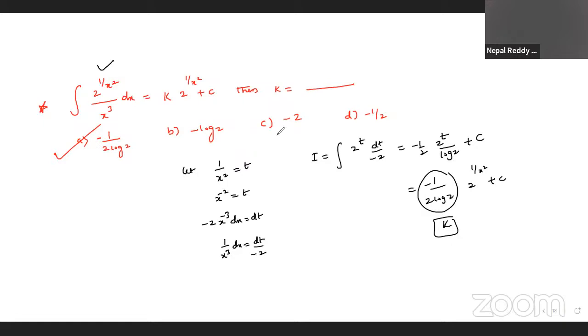Next, we go for another question. Integral e power 4 times of log x, into x to the power of 5 plus 1, whole power minus 1, into dx. This is the question.